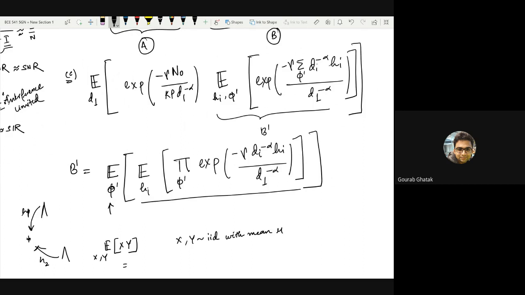This becomes the expectation of x, which is mu, multiplied by the expectation of y, which is also mu. It is only true because x and y are drawn from the same, identical distribution, right? So this becomes mu square. In this case as well, since all Hi's are independent of each other, we can evaluate only one of them and just do a product. That means we can go to step D, which is an expectation with respect to the point process.